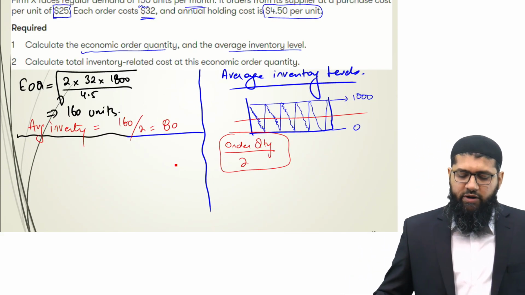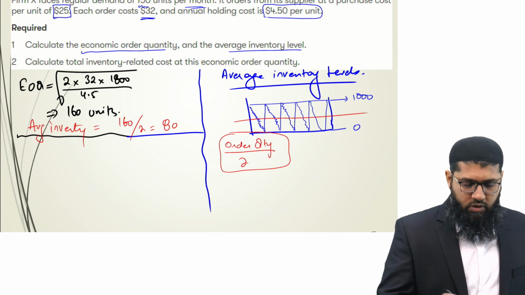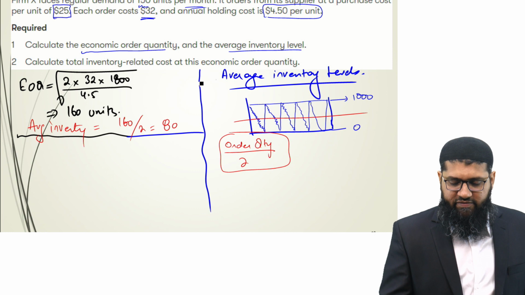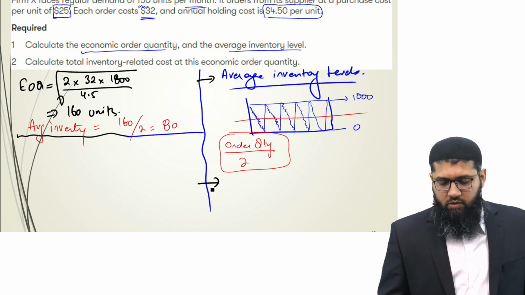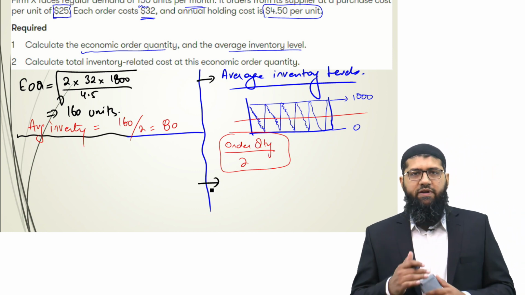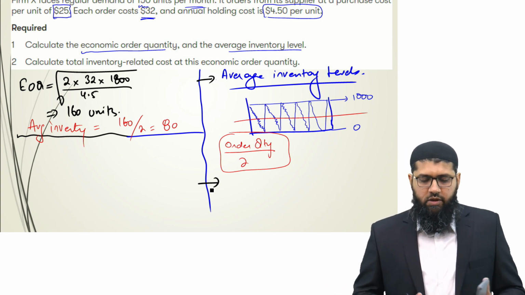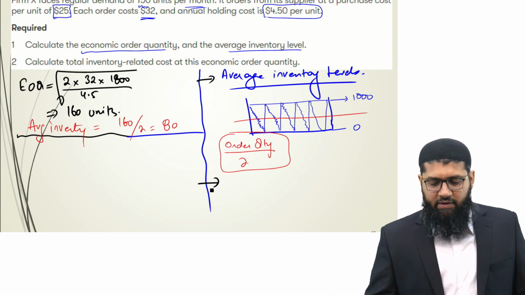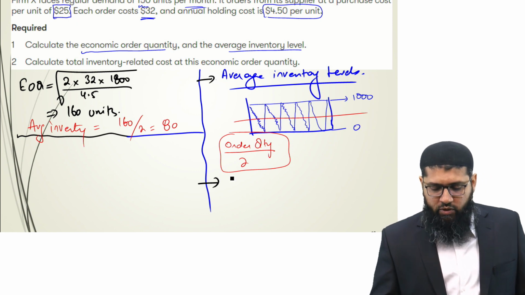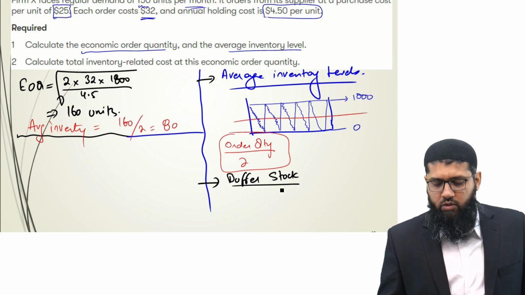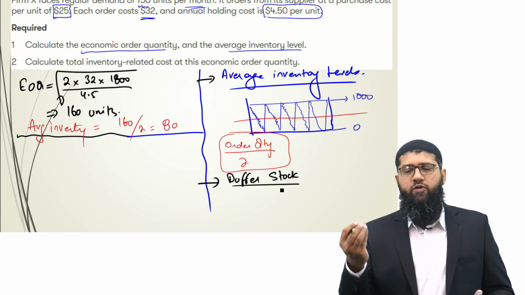Now let's try to understand something more. We have discussed the concept of average inventory level, which was order quantity divided by 2. At times organizations have got buffer stock also. Buffer stock is when they put some minimum stock.